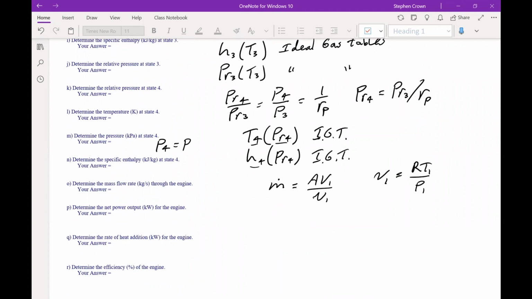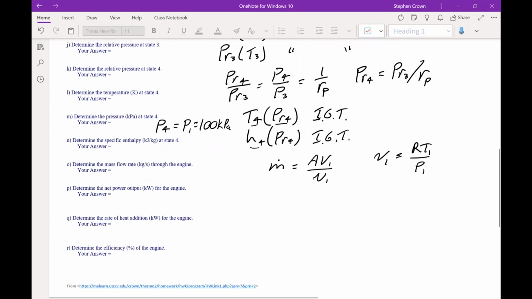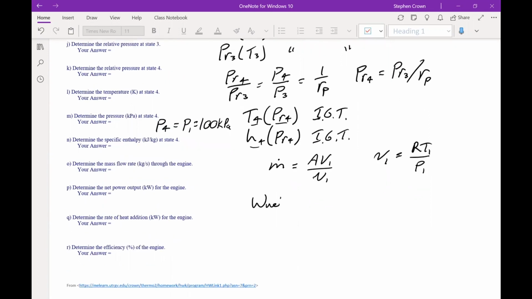Which is given as 100 kPa. And then the net work equals the work from 1 to 2 plus the work from 3 to 4. There's no work in the two heat exchangers, so I didn't write those two terms.